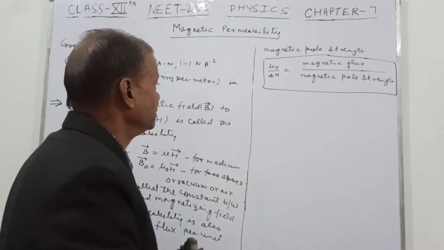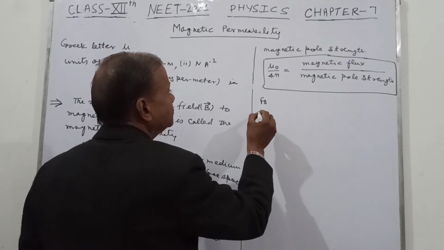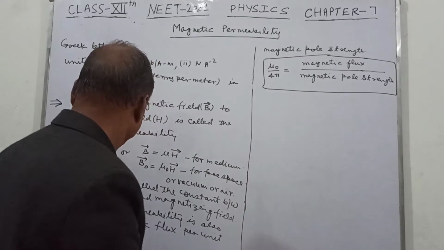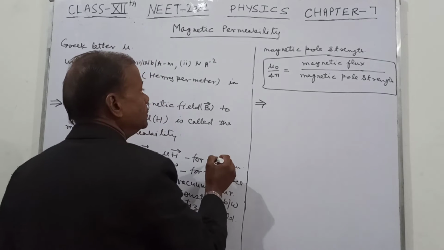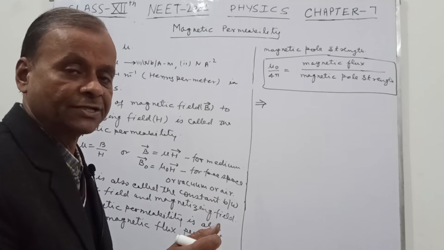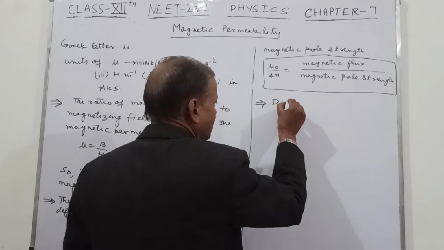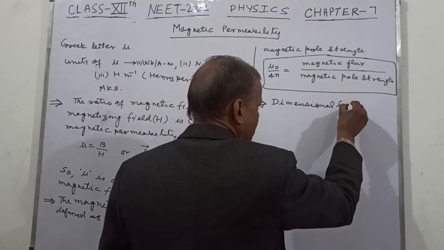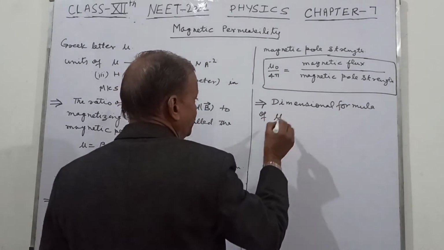But for a material, now we can have this mu or mu naught. They are not dimensionless, but they are having dimensions. So dimensional formula of mu.